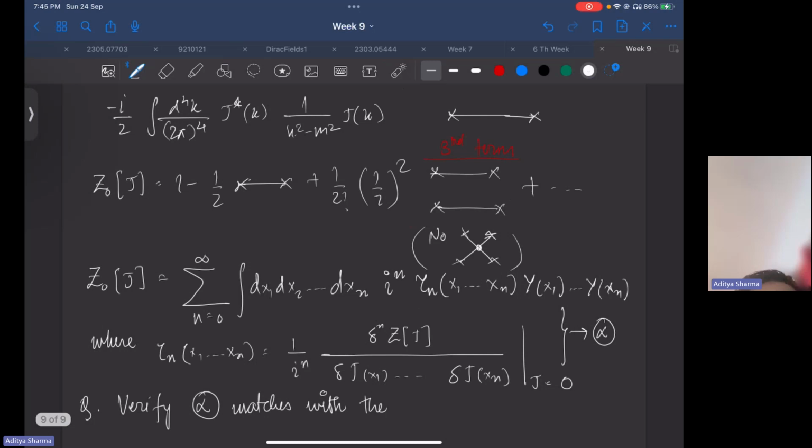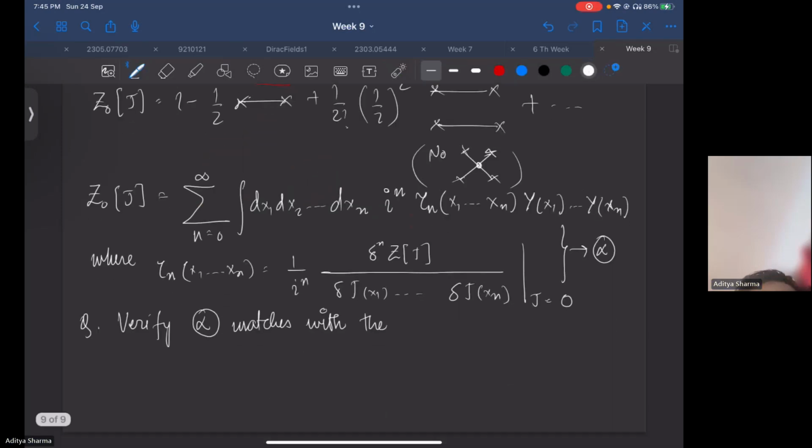No, let's do it for the fourth term. Let's do an easy problem because there's not much time. Verify it matches with the second term. So this term matches.